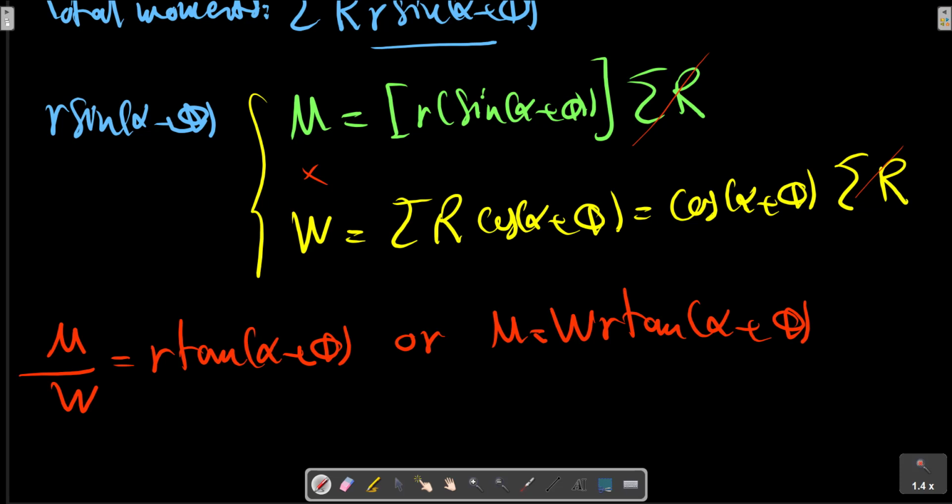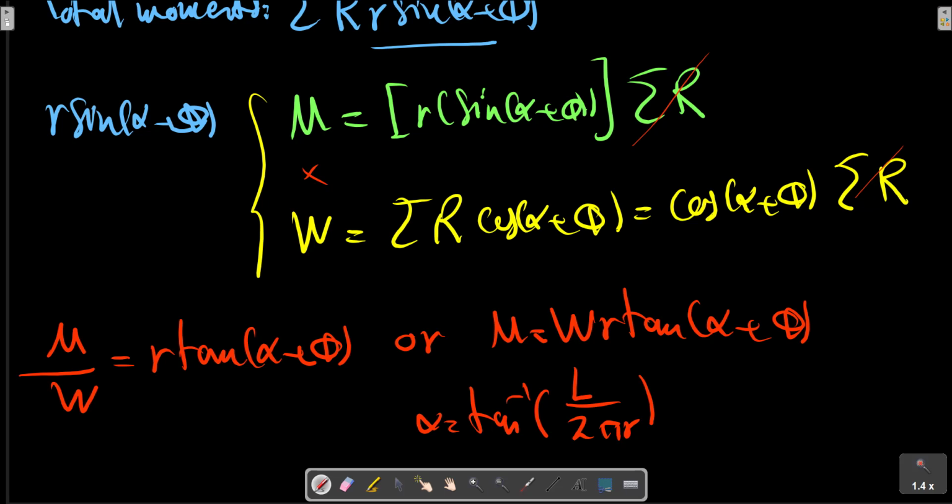To determine the helix angle alpha, tangent inverse of lead over 2 pi R, which are the geometric specification of the screw.